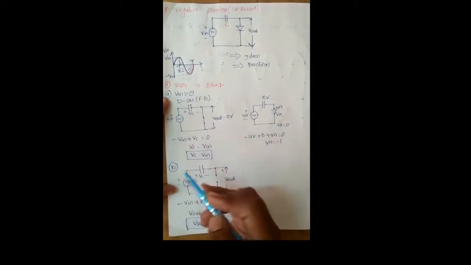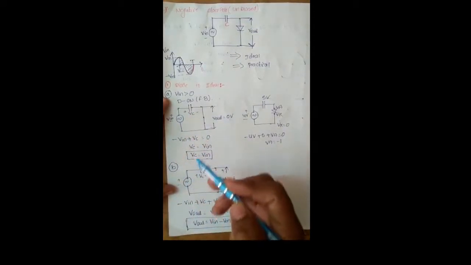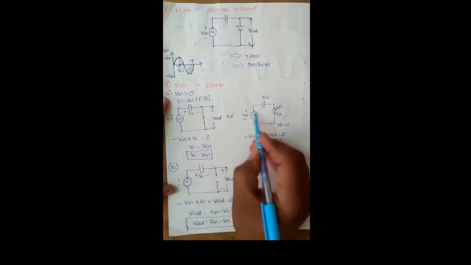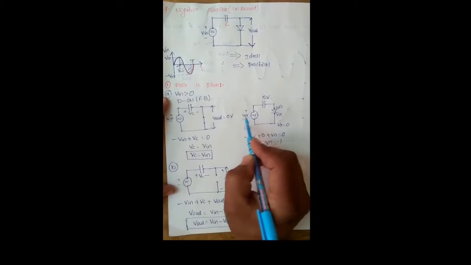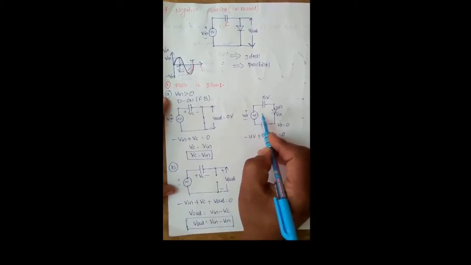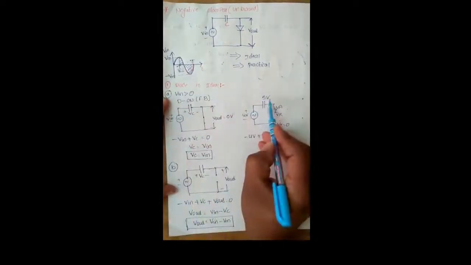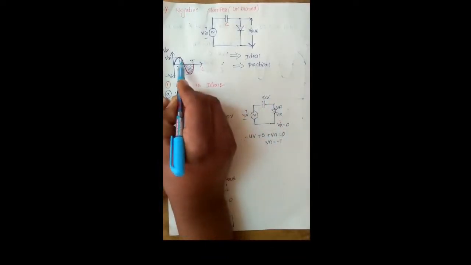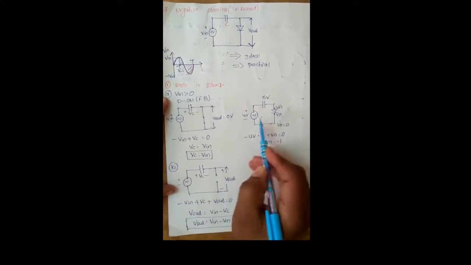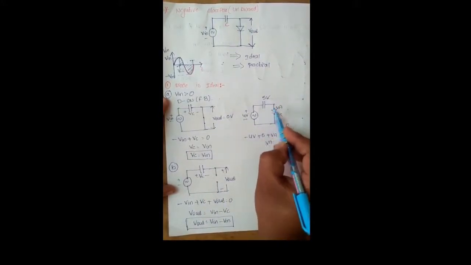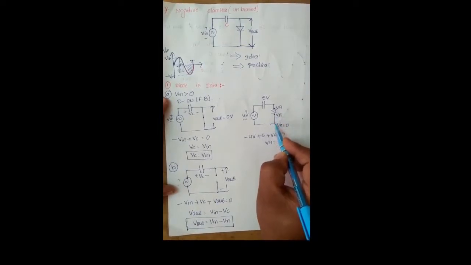Now here our doubt is how the diode is operating in the reverse bias condition. For example, consider one circuit. Initially the capacitor has stored a maximum voltage equal to 5 volts, and at this instant the input signal voltage is, for example, 4 volts. Here the diode is open circuited, and this is the anode voltage and this is the cathode voltage, and the cathode is connected to the ground.